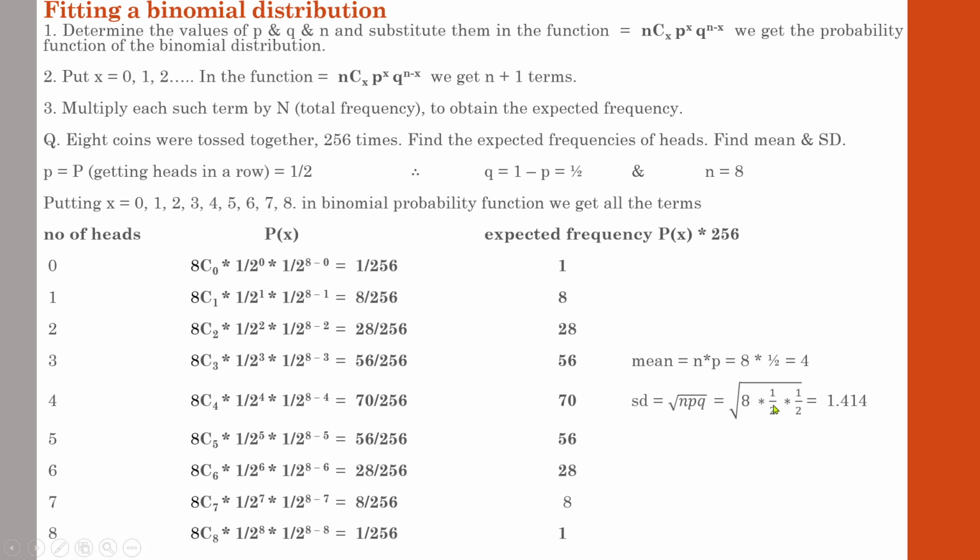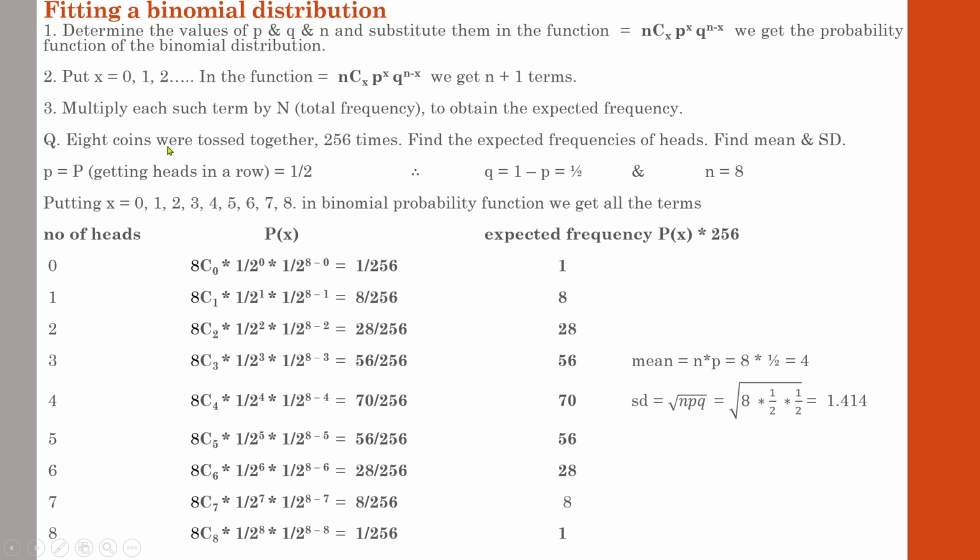So 8 into 1 by 2 into 1 by 2, you will get 1.414. So you have found the value of mean and the value of standard deviation on the basis of the details given in the question, and this is how you have to find the expected frequencies.